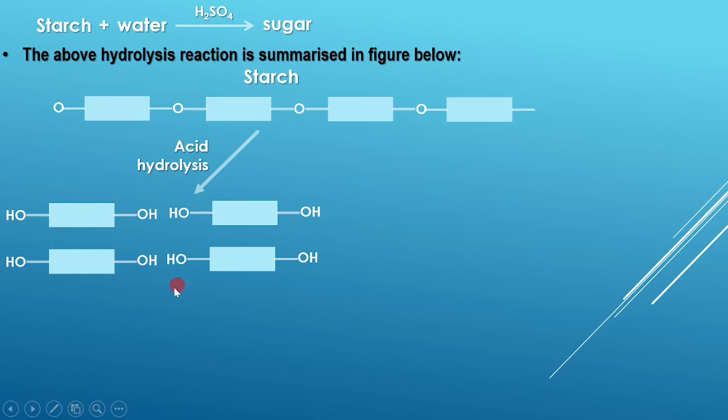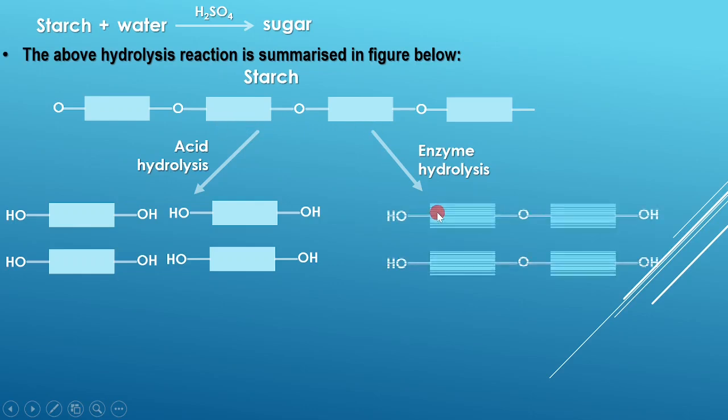It can also undergo another type of hydrolysis, which we call enzyme hydrolysis. If this starch undergoes enzyme hydrolysis, it is broken by an enzyme. It usually goes to this. It forms what? Maltose. So this is one maltose and this is another maltose.